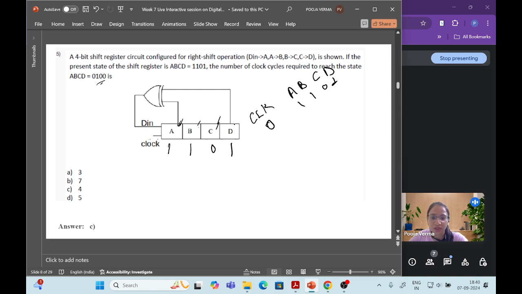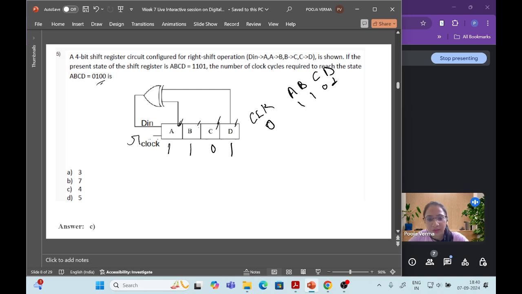So here it is given in box form. In order to simplify, when we apply the clock, as already shown in the circuit, A and D are XORed and then given to the D input of the A flip-flop.